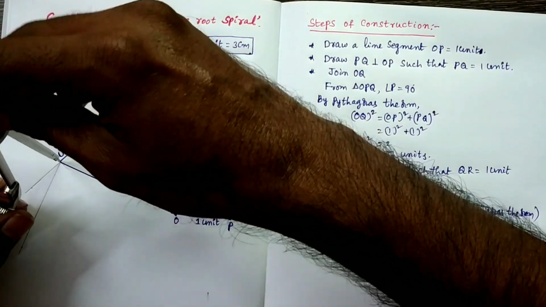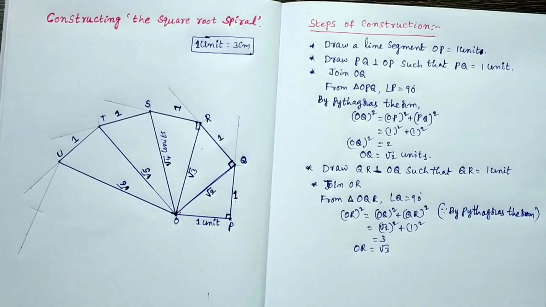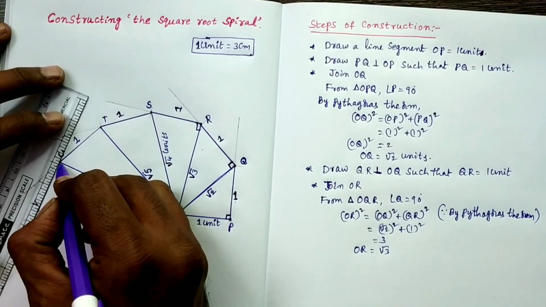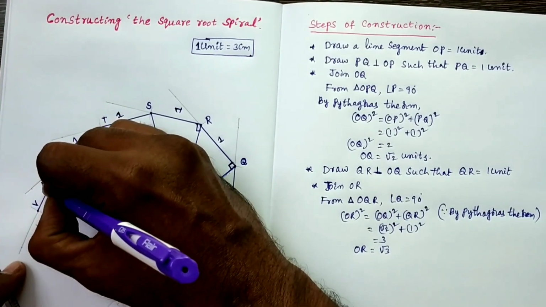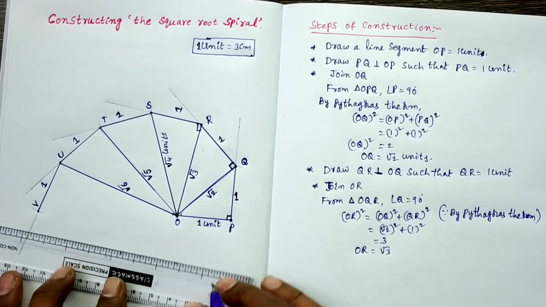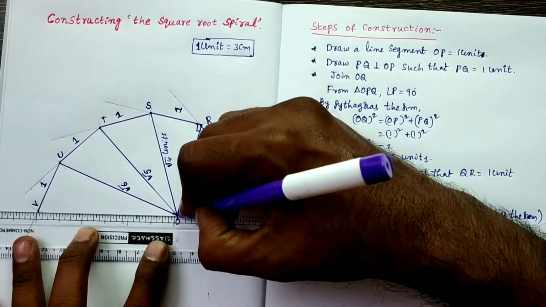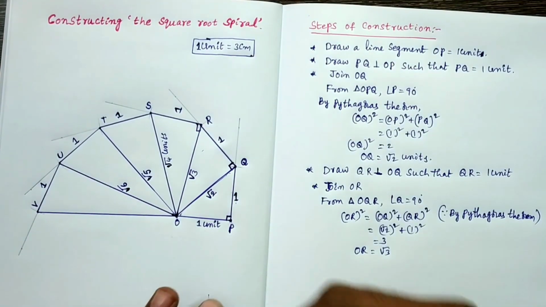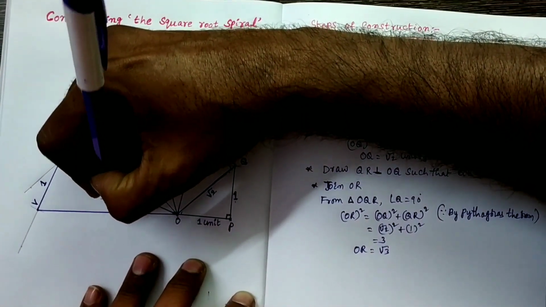Take U as center, this 1 unit as radius, draw an arc. It cuts the perpendicular line at V. This is also 1 unit. And join OV. So this will be root 7, square root of 7 units.